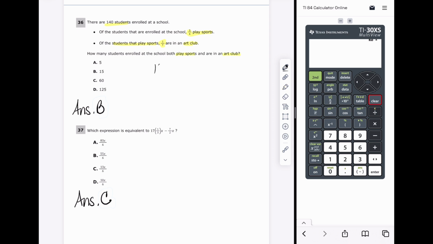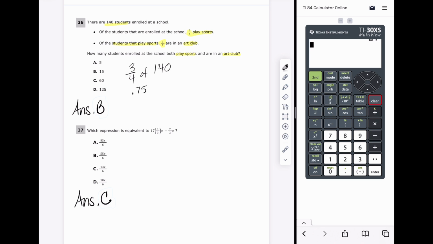Okay, so we know we have 140 kids, and 3/4 play sports. So you want to know what is 3/4 of 140. If you wanted to change these both to fractions, you can do that. I'd much rather, because I'm working with a calculator, change this to a decimal.